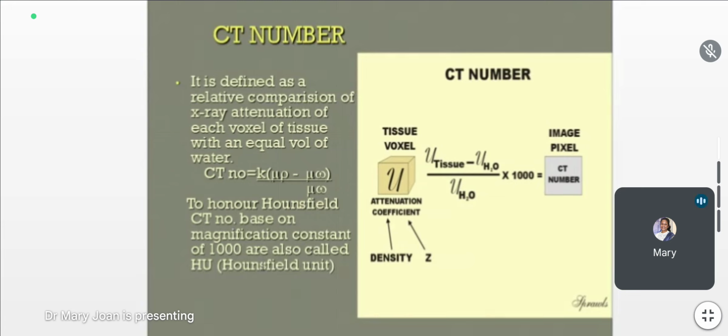CT numbers are defined from -1000 to +1000, with water as the reference, compared with tissue or tissue-equivalent Hounsfield units or attenuation coefficients. So this represents the attenuation coefficient as well as the density. These are interrelated. More dense, more attenuation will take place. Less dense, less attenuation will take place.